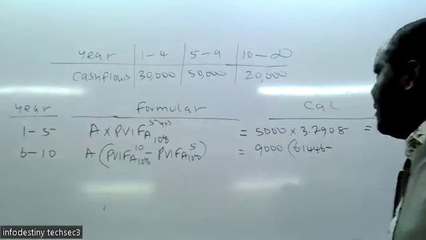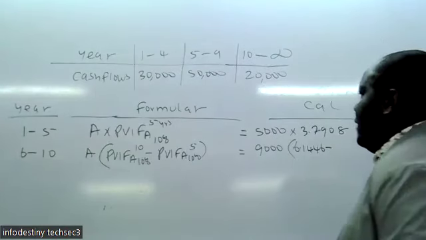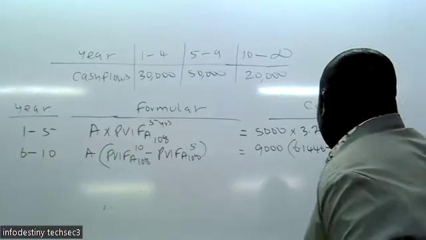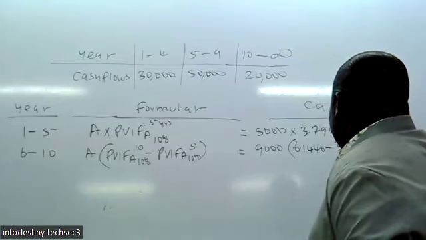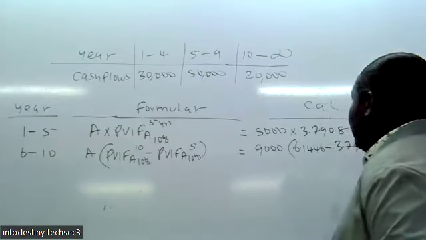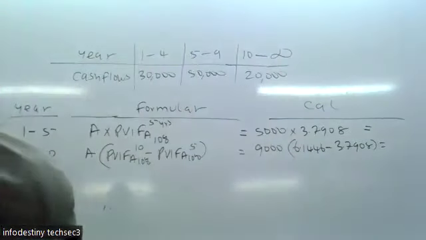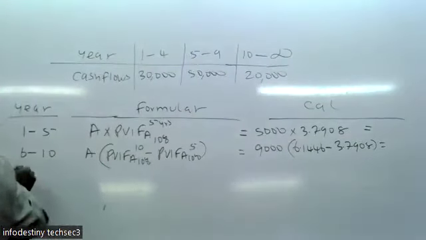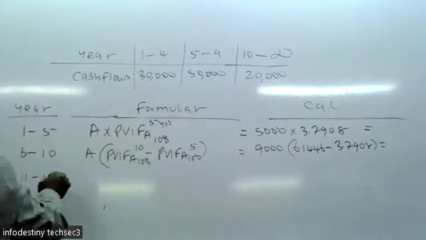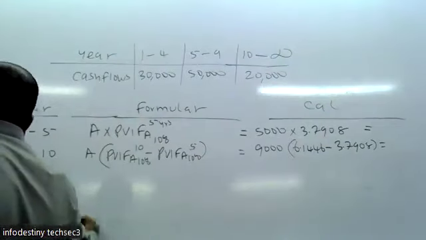So we subtract the one for year 5, which you already have, as 3.7908. So get the value from it. The next one is now meant to be from year 11 up to infinity.